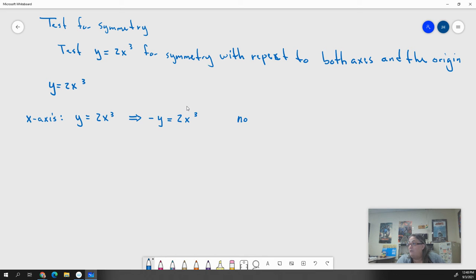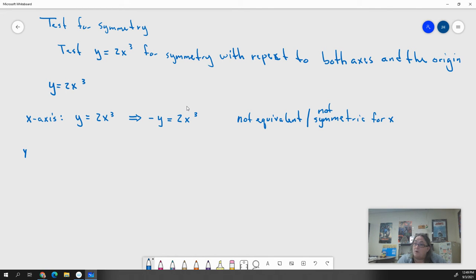It's not equivalent, so it is not symmetric for x.